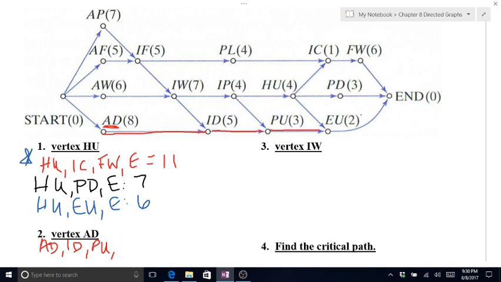From PU, I have to go to EU. Remember, you can only travel in the direction that the arrow points. And from EU, I go to the end. So that's 8, 5, 3, that's 16. That's 18. And that is going to be my critical path. That's the only way to get from there to the end.